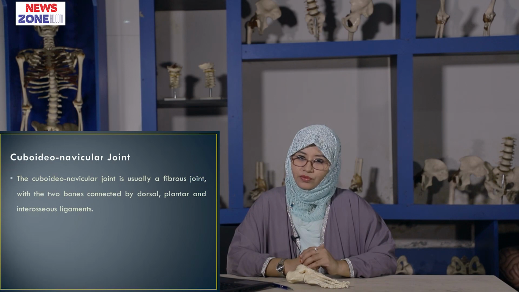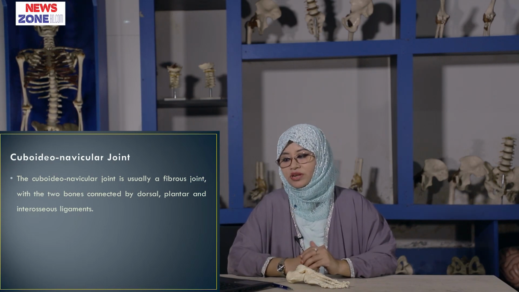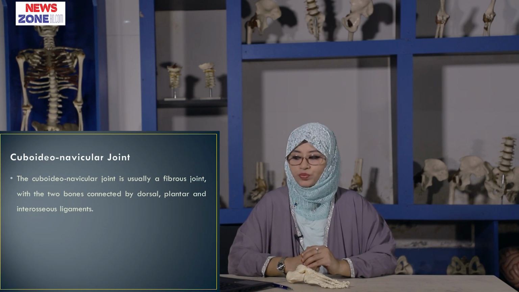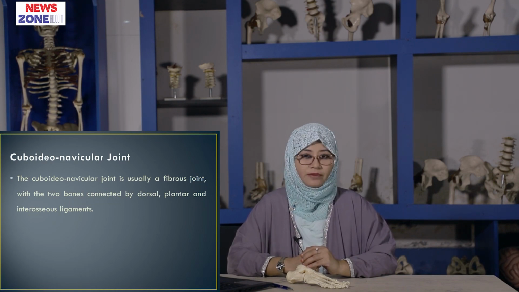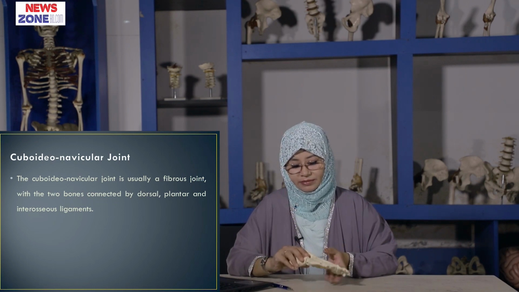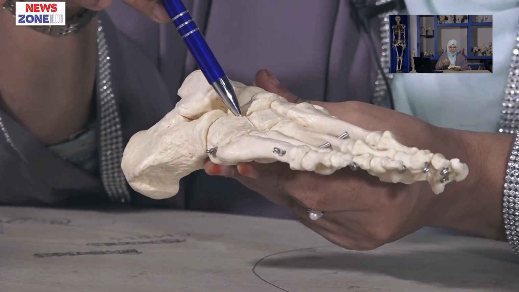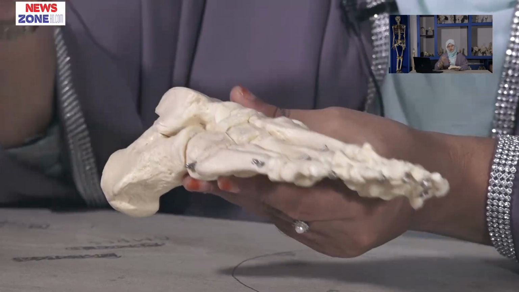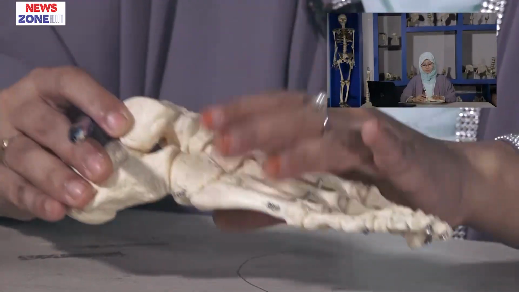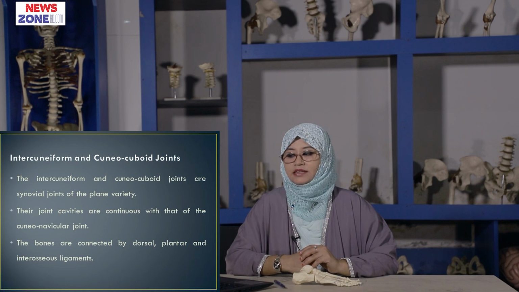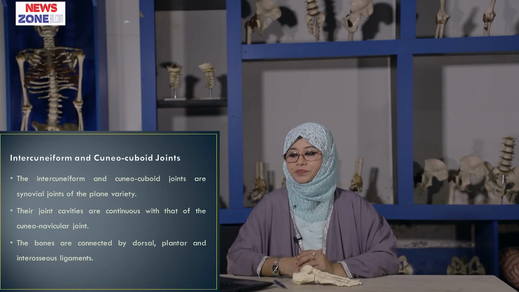Now, cuboido-navicular joint. The cuboido-navicular joint is usually a fibrous joint with the two bones connected by dorsal, plantar and interosseous ligaments. This is the cuboid bone and this is the navicular bone, and in between them this cuboido-navicular joint occurs. Now, intercuneiform and cuneo-cuboid joints.